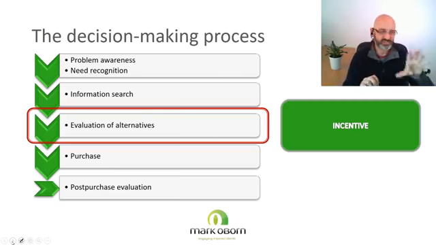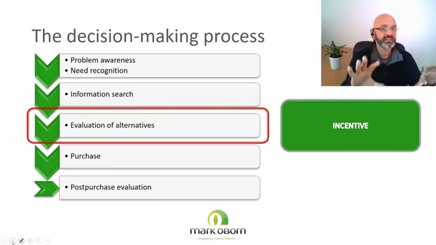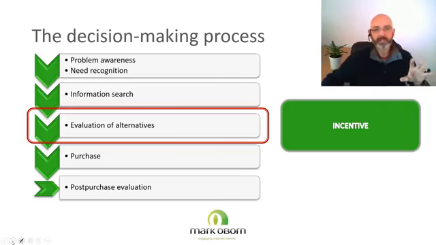Should I go to this dentist, this dentist, or this dentist? Having an incentive on your website will get more patients through the door. And we're going to look at this in much more detail when we look at conversion optimization next time.